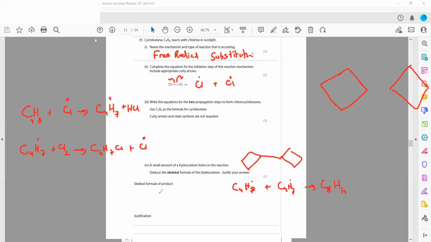So this will be the skeletal formula for the product. This is one and this one is the other. And the justification is that the cyclobutyl radicals combine with each other. When two cyclobutyl radicals combine, they produce a molecule which has two rings.